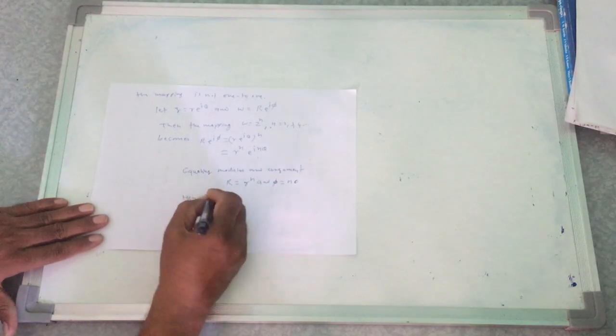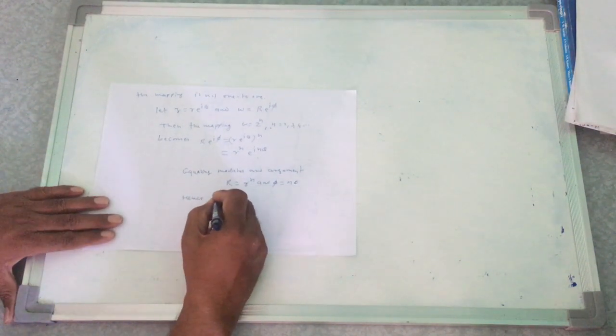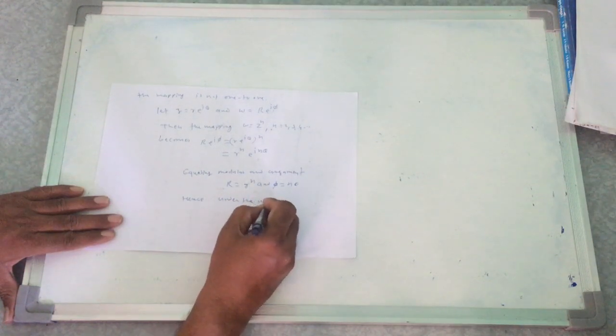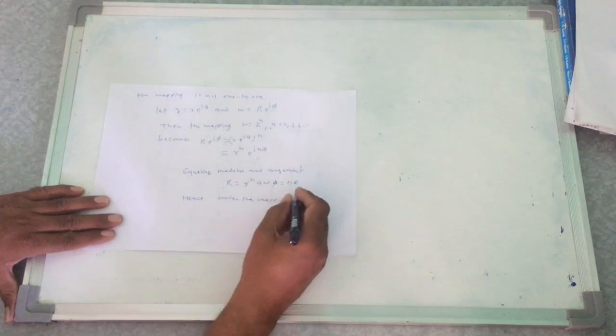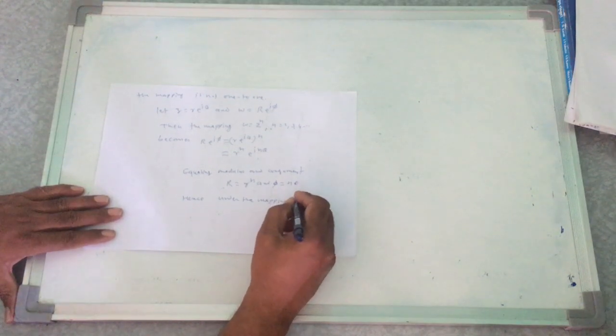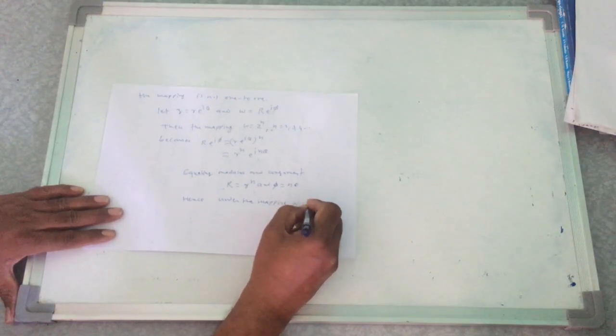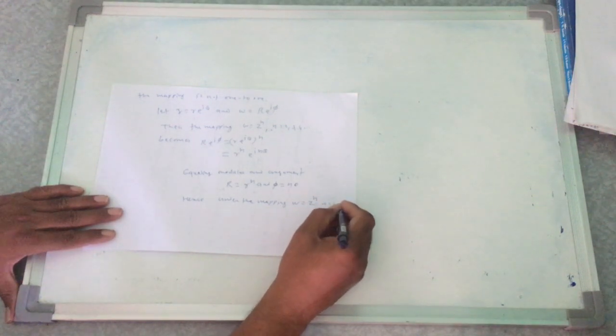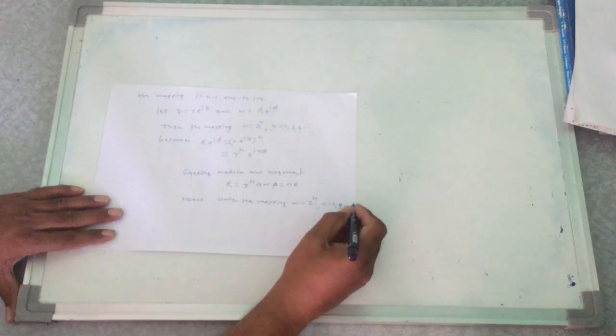Hence, under the mapping w is equal to z to the power n, where n is equal to 2, 3, 4, that is up to this.